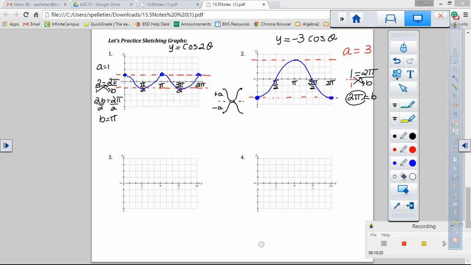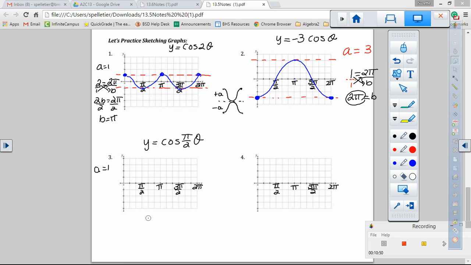Okay. The third function, y equals cosine pi over 2 theta. So half of a pi, 1 whole pi, 1 and a half, or 3 pi over 2, and 2 pi. Same thing over here, pi over 2, pi, 1 and a half, or 3 over 2 pi, and 2 pi. Okay, so a is 1. Right?